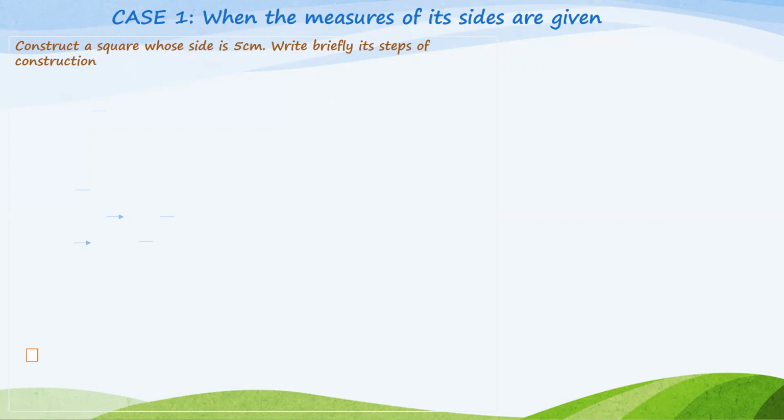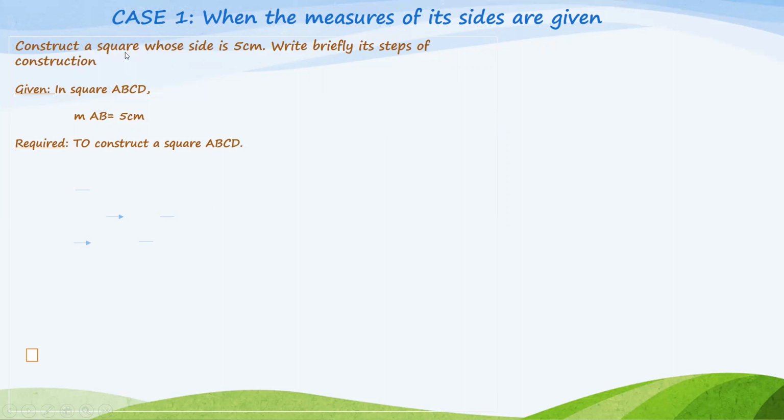Obviously, if one side is given, according to the definition we know that all the sides are congruent in a square. So if one side is equal to 5 centimeter, all the other sides are also equal to 5 centimeters. So first we have to write the given. In this question, the name of the square and its vertices are not mentioned, so you can mention the name.